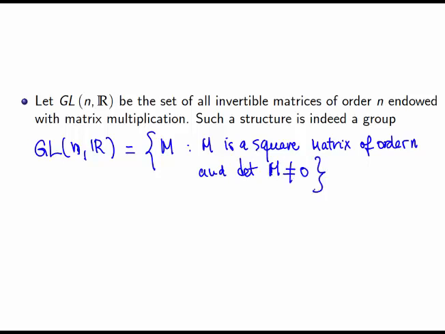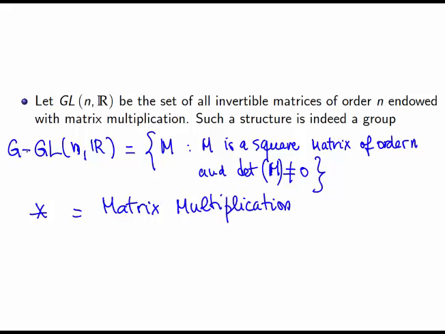Because remember, a matrix is invertible if and only if its determinant is non-zero. So we endow this with matrix multiplication. So our operation here, star, will be matrix multiplication, and this will be G.